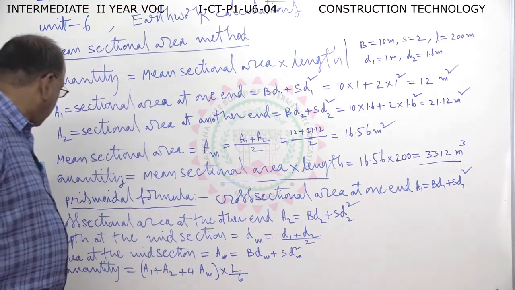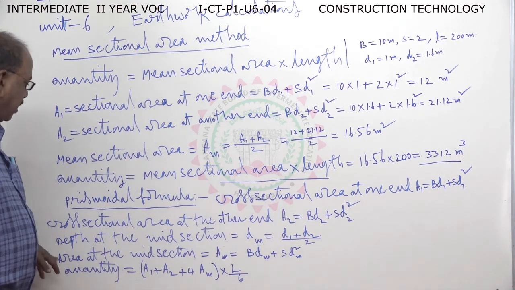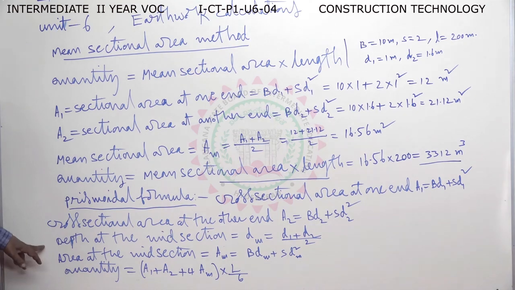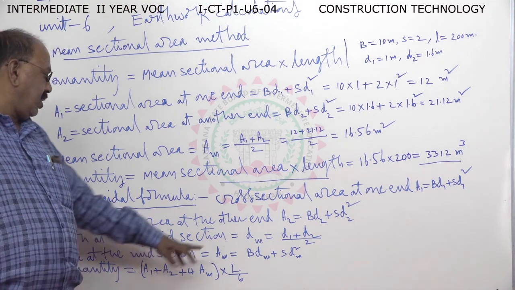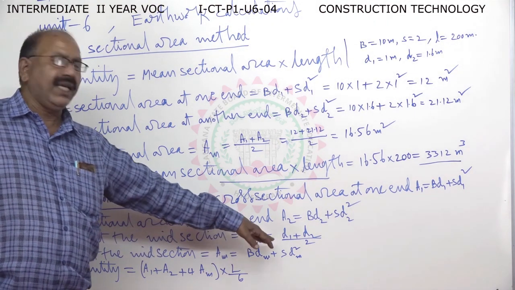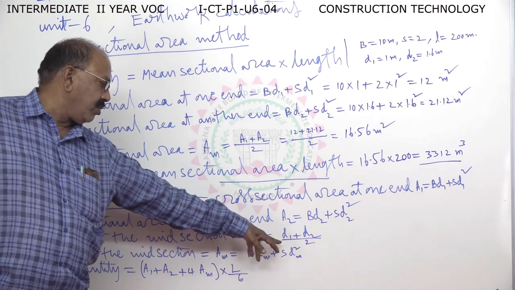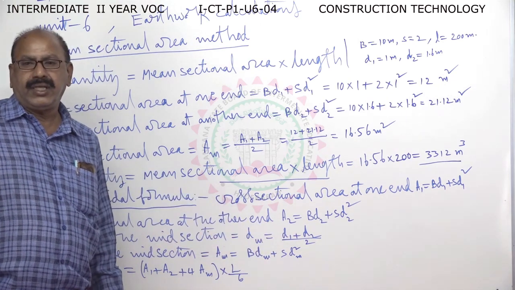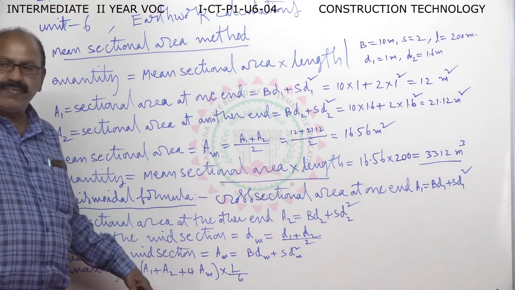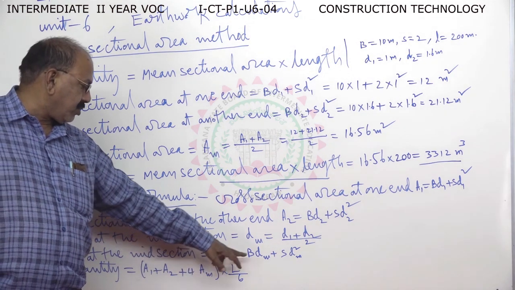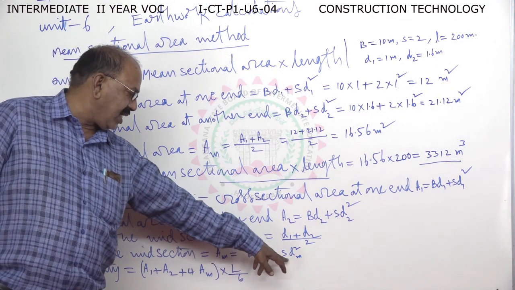Okay. Next, depth at the midsection, DM, is equal to D1 plus D2 by 2. That is another formula. Next, area at the midsection, AM is equal to BDM plus SDM square.